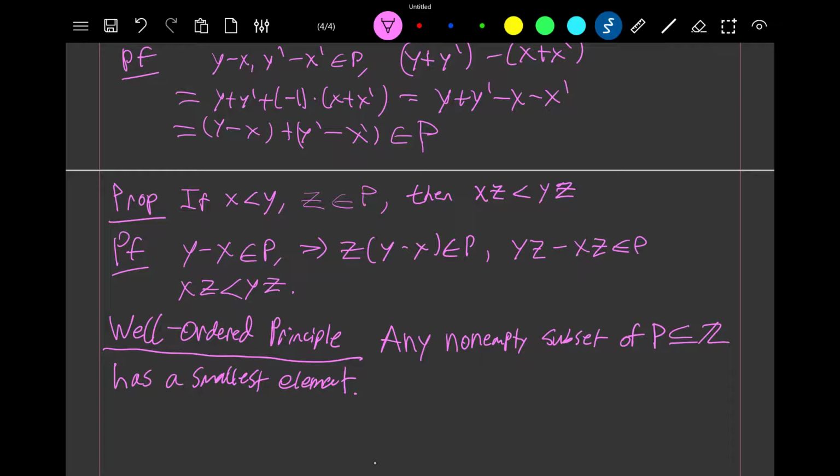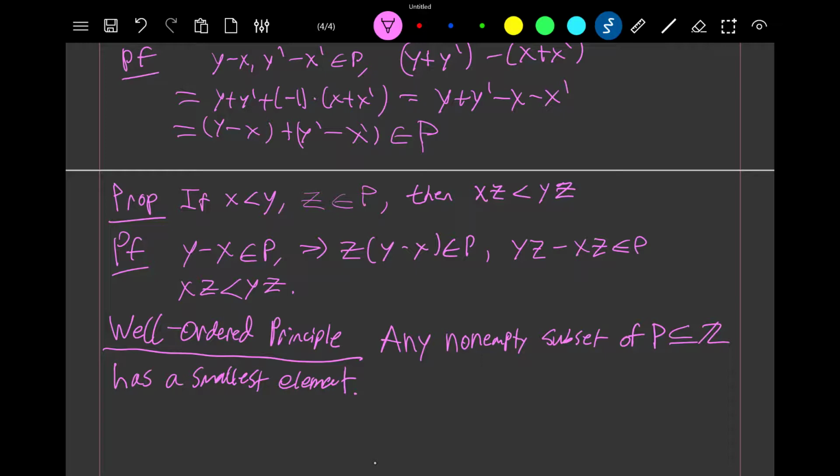So if 1's not in the set, then it's 2. But if 2's not in it, then it's 3, and so on. And since it's not empty, there has to be a smallest at some point. So that's kind of the intuition behind it. And these pretty much characterize what the integers are.